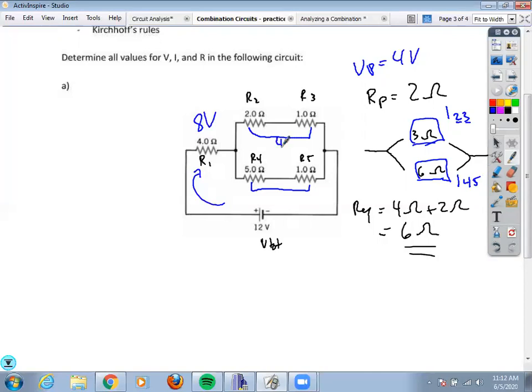We know that 4 volts goes across 2,3 and 4 volts goes across 4,5. So I2,3 will equal V over R, so 4 volts divided by the resistance, which is 3 ohms, and I4,5 will equal 4 volts over the 6 ohms.